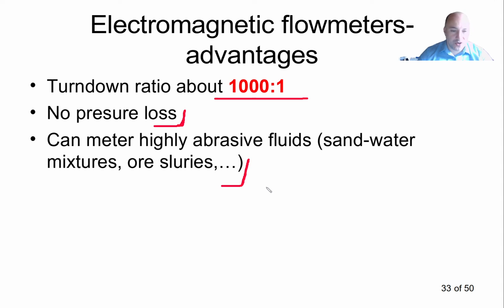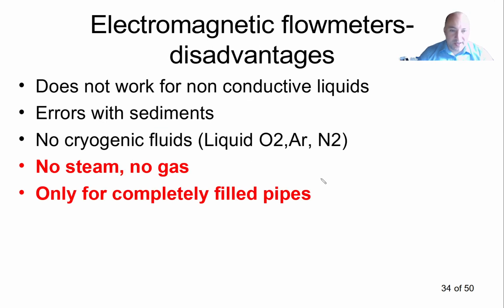So it can measure, for example, a mixture of water and sand, which you may find in the mining industry, or some ore slurries, so a mixture of an ore and water. The disadvantages: it does not work for non-conductive liquids because we rely on the electrical properties, so we cannot measure a liquid that is not conductive.